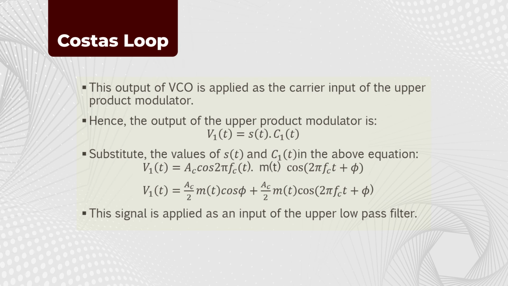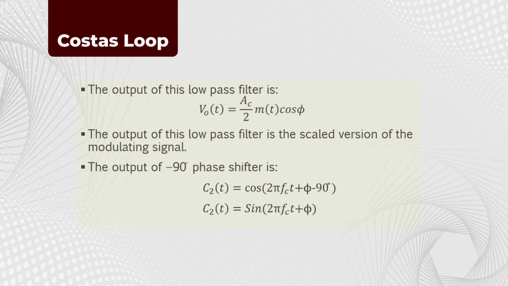This signal is applied as an input of the upper low pass filter. The output of this low pass filter is v0(t) = (Ac/2) m(t) cos φ, which is a scaled version of the message signal.